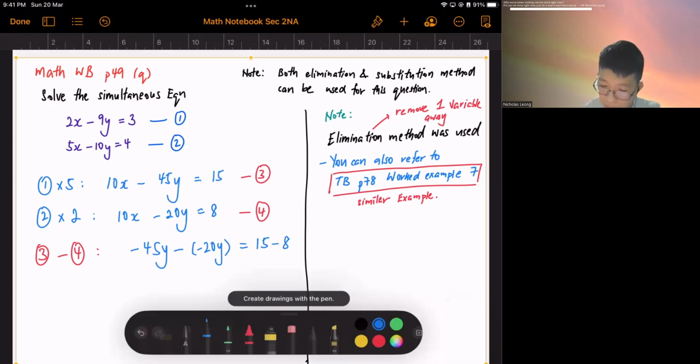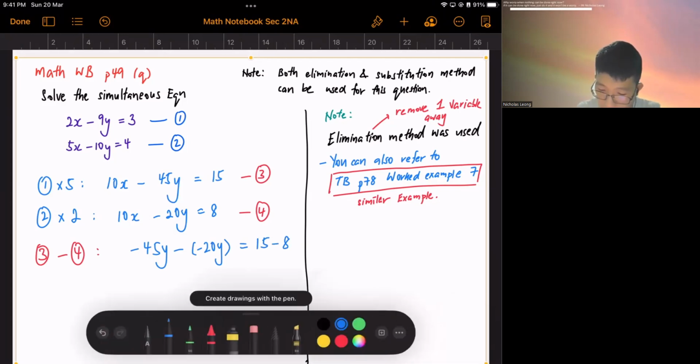Since it's minus 45y minus a negative number, in this case you need to treat it as positive. So minus 45y plus 20y equals 7.